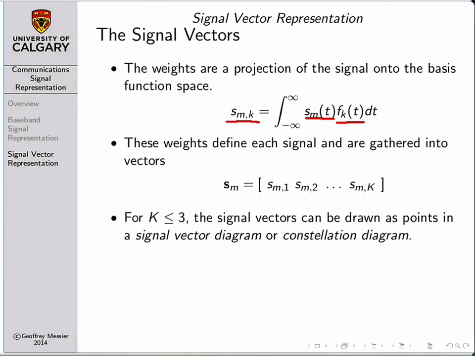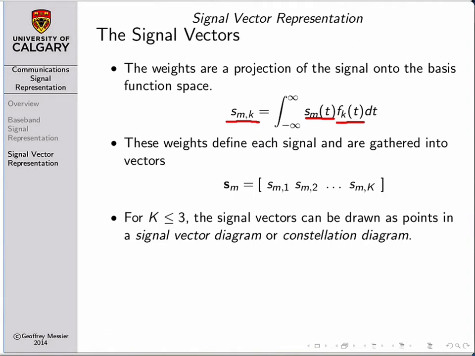They're always the same. For a given type of modulation, the basis function signals F1, F2, all the way up to Fk are always the same. The only thing that changes to allow us to generate different signals are the weights that we put in front of the basis functions as we add them together.